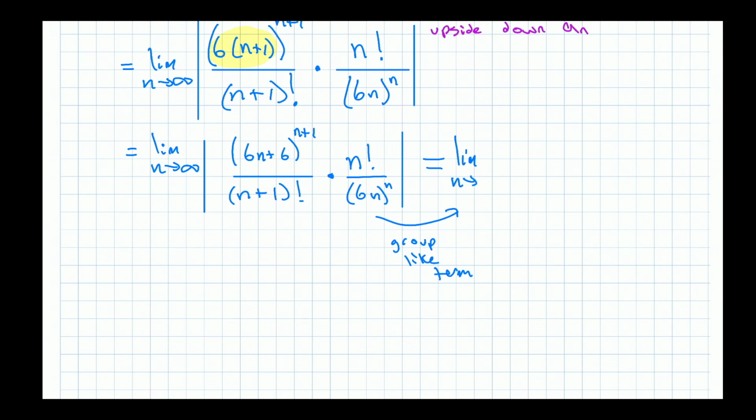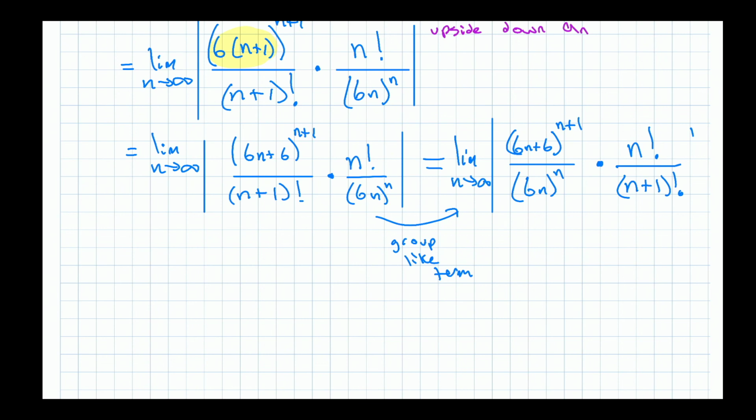Limit as n goes to infinity, parentheses, square brackets. So put the 6n plus 6 to the n plus 1 over 6n to the n. Those are alike. And then your factorials, n factorial, n plus 1 factorial. So I've got your factorials.